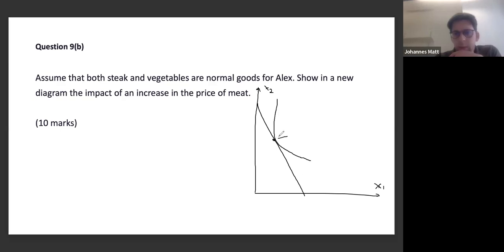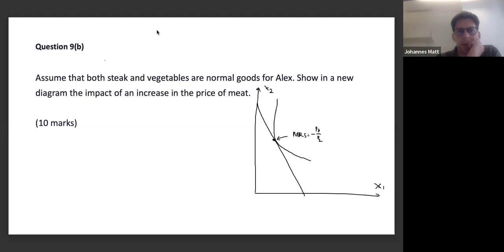And we said that at this point, the marginal rate of substitution was equal to the relative price level, P1 over P2. So P1 is the price of steak.